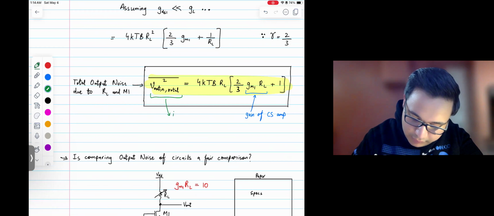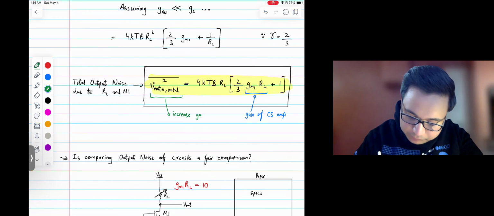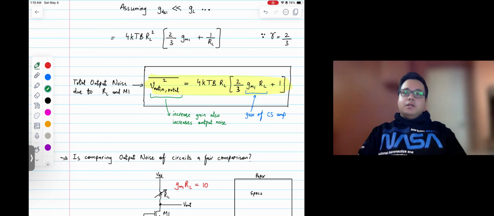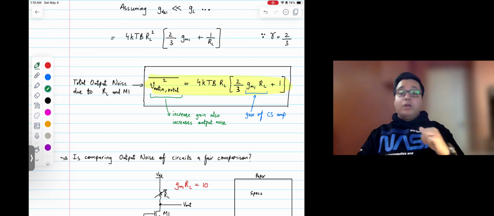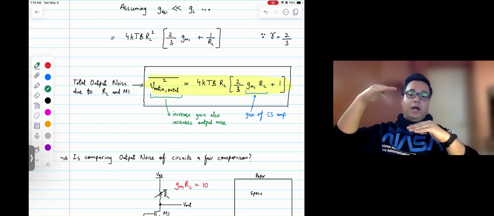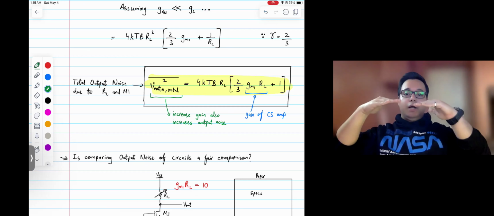So increasing the gain also increases the output noise. That's an important thing to recognize. If you have a higher gain, the noise is also higher.